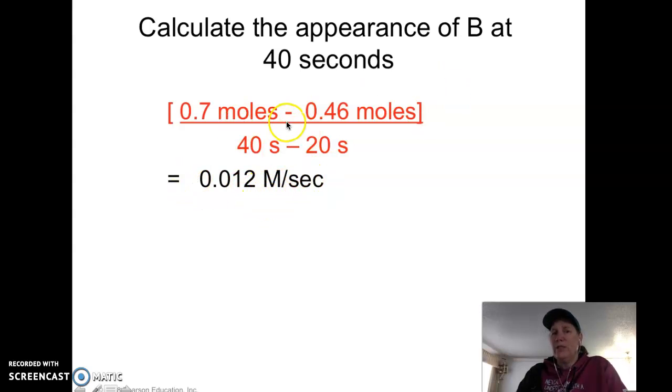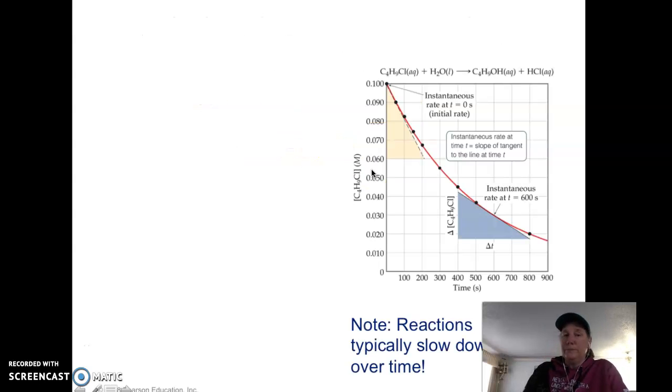That's how much I'm increasing. I took whatever my concentration of product was at 40 seconds, minus the concentration at 20 seconds. If I wanted to do it for the whole thing, I could do 0.7 minus 0, over 40 minus 0 seconds. You could do it that way too.